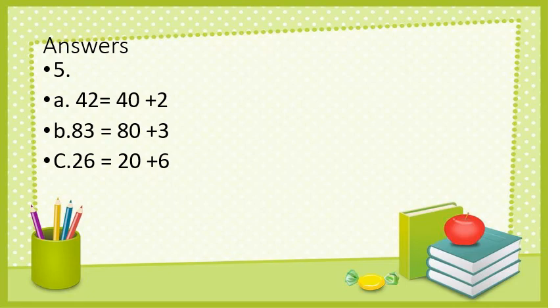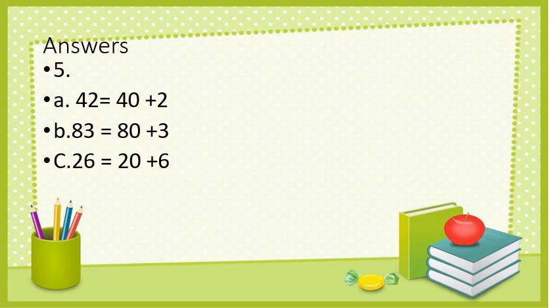So here the number is 42. Now tell me, what is the place value of 4? Yes, 40. And what is the place value of 2? Yes, 2. So here the expanded form of 42 is 40 plus 2.